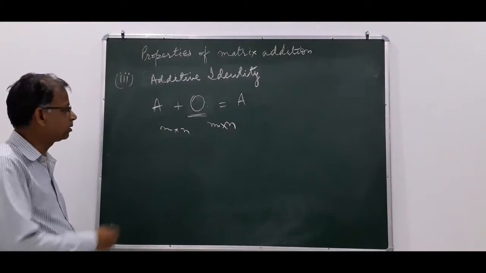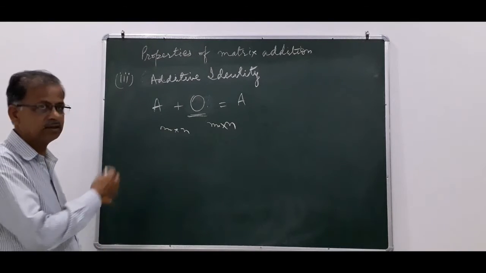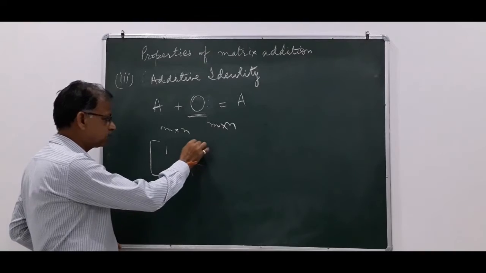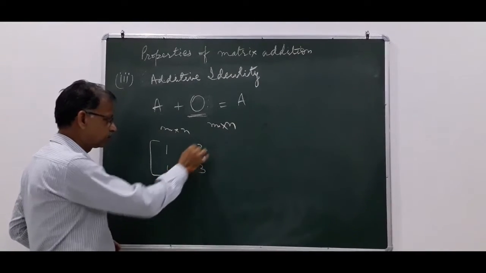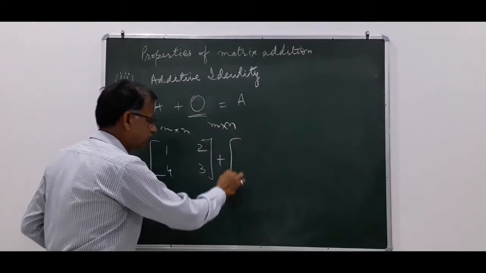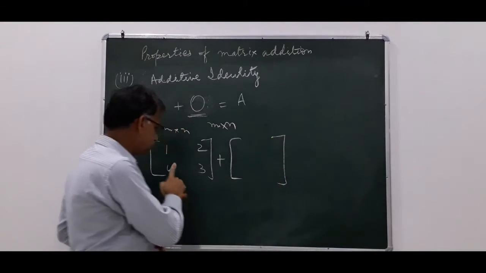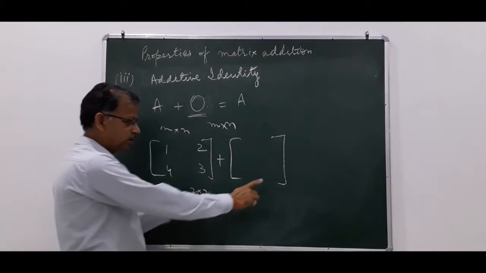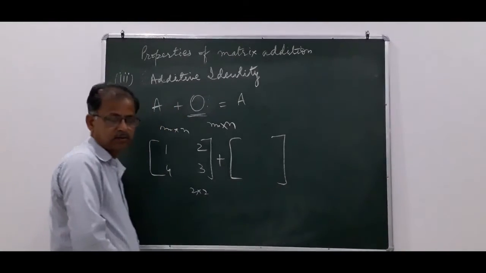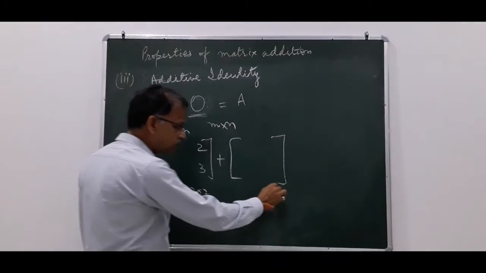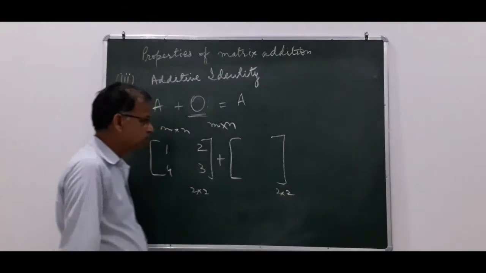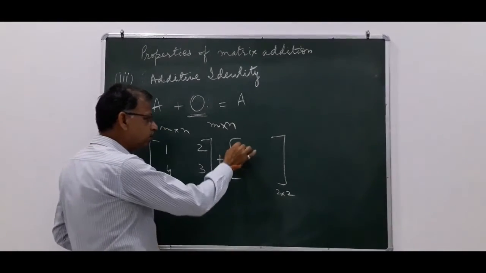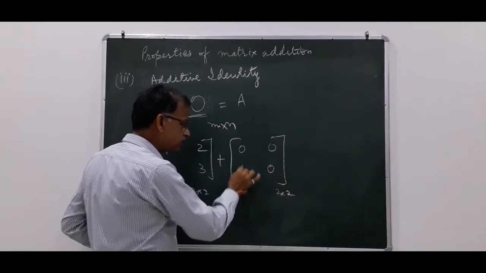Just take an example to clarify this identity. Suppose matrix A is 1, 2, 4, 3, and order of this matrix is 2 by 2. It means order of this matrix should also be 2 by 2. Now, this matrix is null matrix. It means we will take all elements 0.